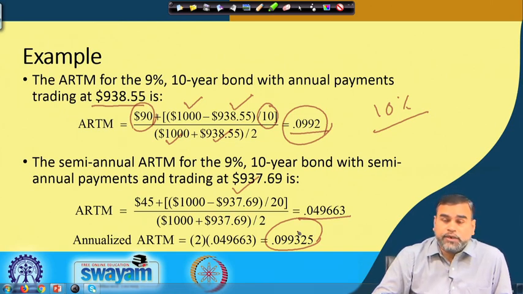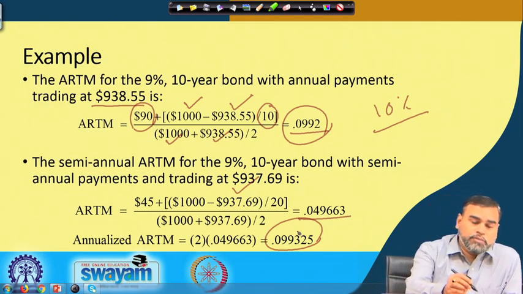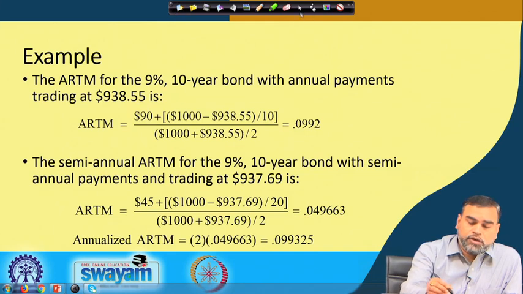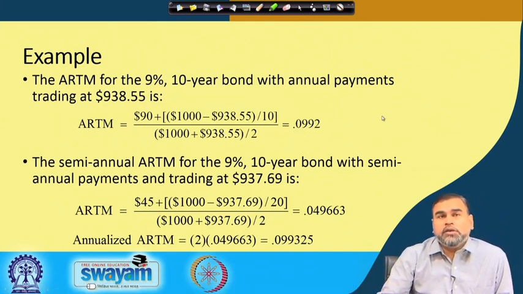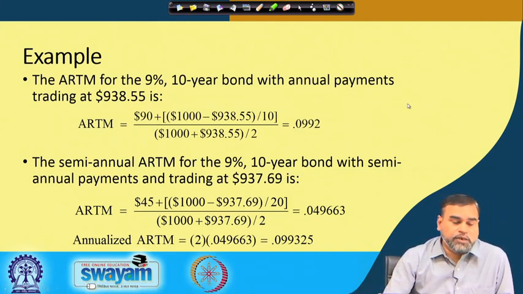Already I told you that it is not exactly equal to the YTM, but you are getting something very close to it, and after that, if you want, you can use some iterative process to find the exact YTM. That you have to keep in mind. So that is one of the ways through which the yield to maturity can be calculated.